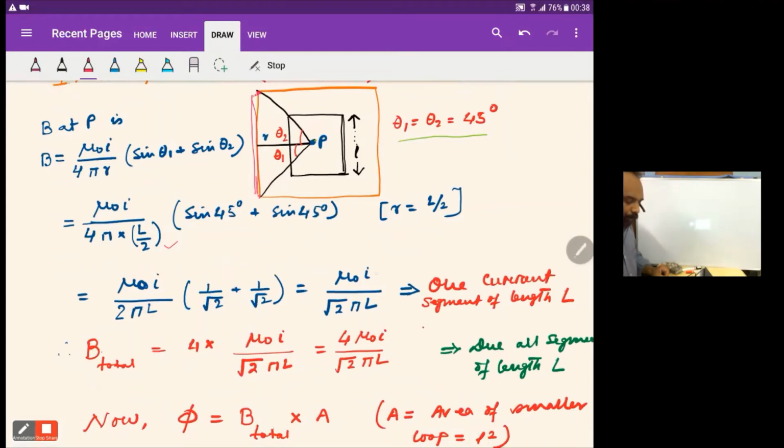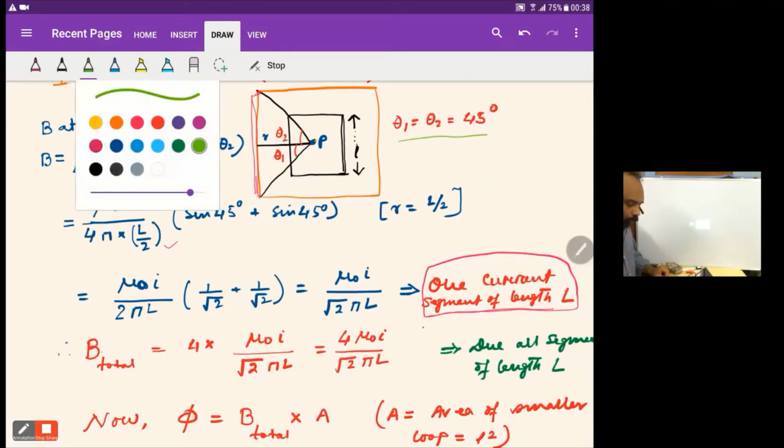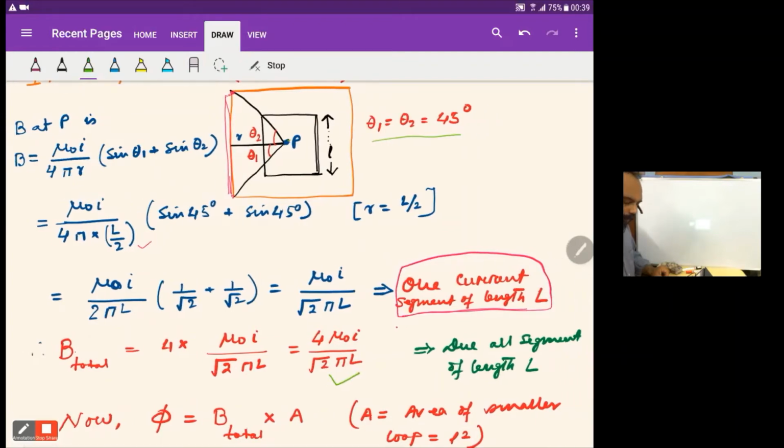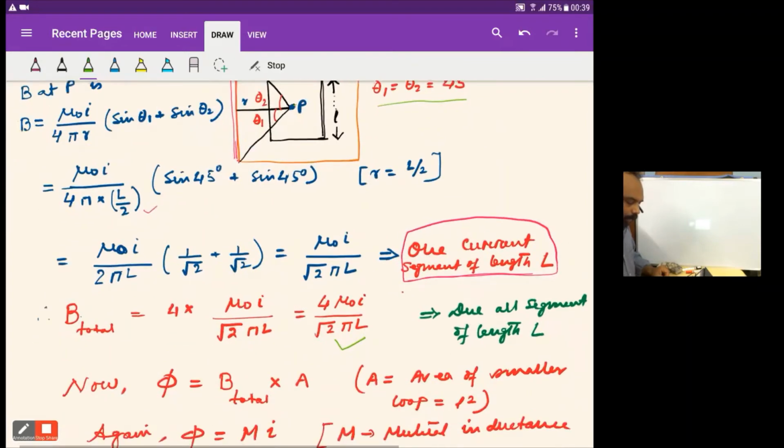That gives us mu 0 I by root 2 pi L. So this is due to one current segment of length L. So in total we have 4 sides. Therefore B total will be 4 times mu 0 I by root 2 pi L. That gives us 4 mu 0 I by root 2 pi L. So this is due to all segments of length L.